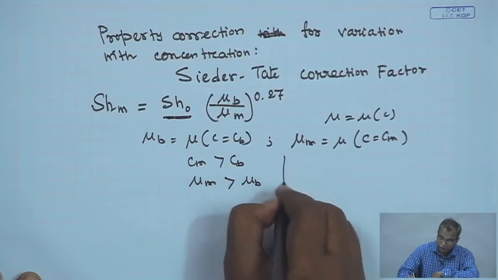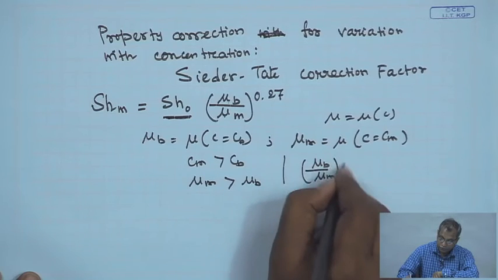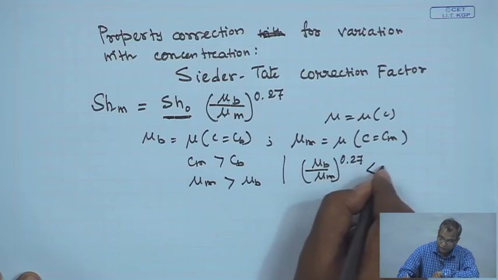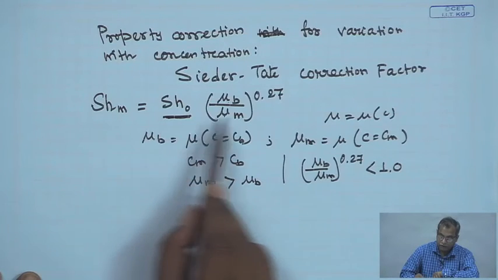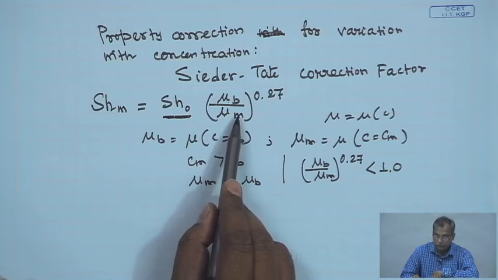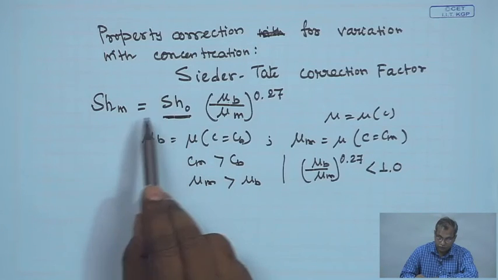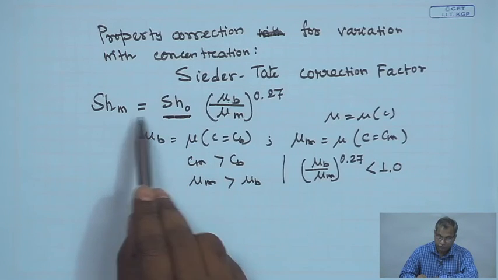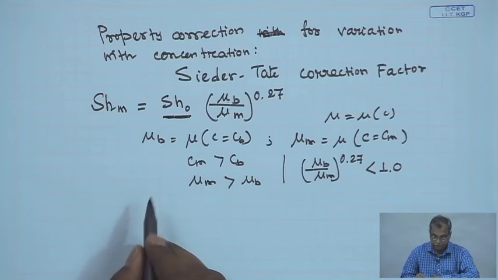Therefore, the factor mu b by mu m raised to the power 0.27 is less than 1. So, the modified Sherwood number after the Sieder-Tate viscosity correction factor will be less than the Sherwood number without it.